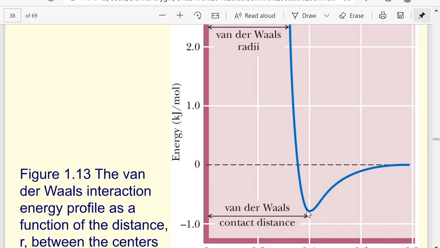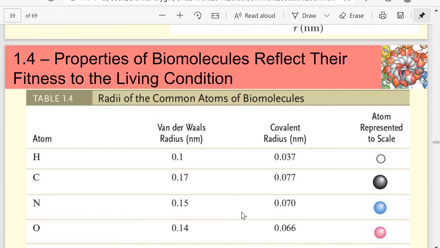And as the atoms come closer together, as their van der Waals radii come closer together, the electrons begin to overlap with each other and repel each other, and so the energy increases. So we have this minimum energy that exists at an optimal van der Waals radius between these atoms. In other words, the atoms want to exist at a certain distance from each other, and that minimizes the energy.